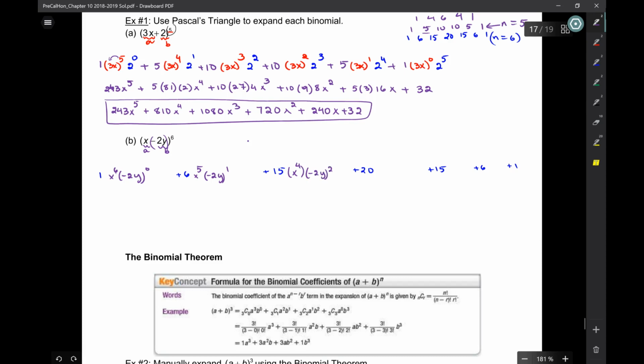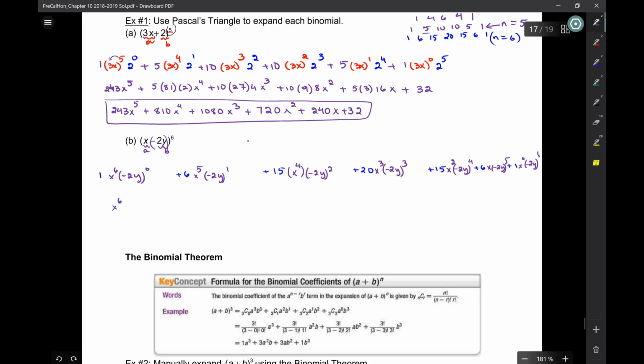Each time the exponents have to add to 6. x cubed, negative 2y cubed, x squared, negative 2y to the power of 4, x, negative 2y to the power of 5, and then here I have x to the 0, negative 2y to the 6, okay?